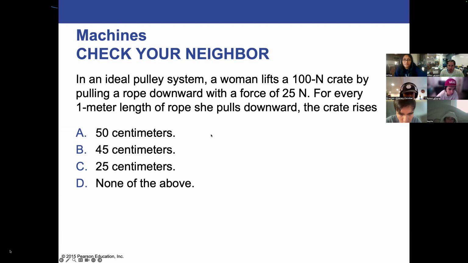But if you remember, force times distance input equals force times distance output.